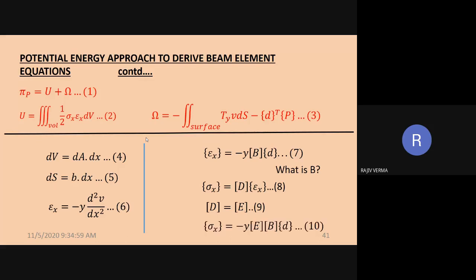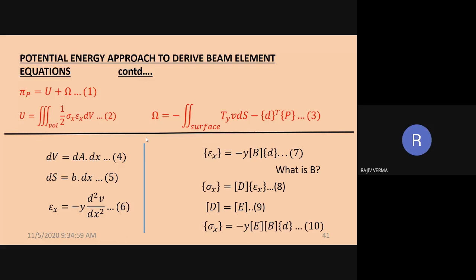And as a result, what you get is equation number 10, which relates the stresses to the degrees of freedom. So you have equation number 7, which relates strain to degrees of freedom, and equation number 10, which relates stresses to degrees of freedom.